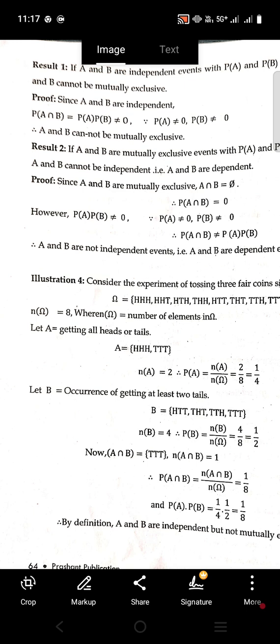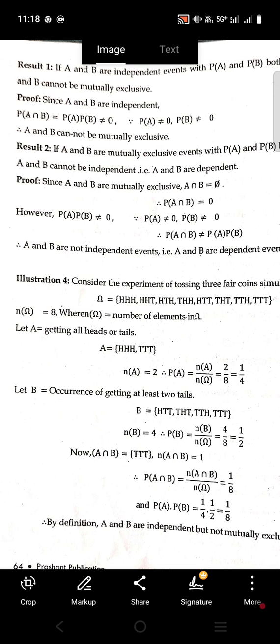Then we find the probability of event A, getting all heads or all tails, equal to n of A divided by n of omega, where n of A is the favorable outcomes, equal to 2, divided by the total sample space 8, that is 2 by 8 equal to 1 by 4.